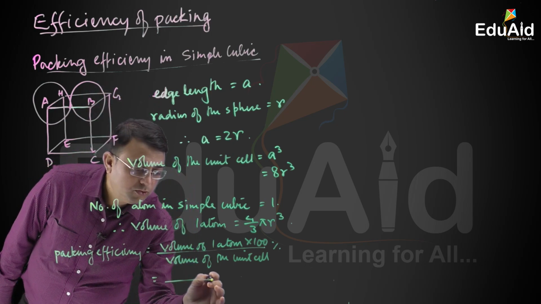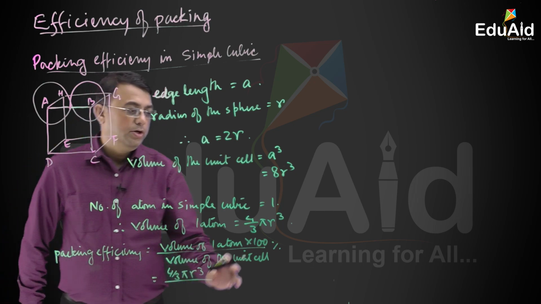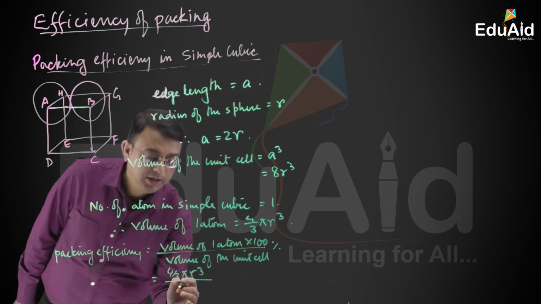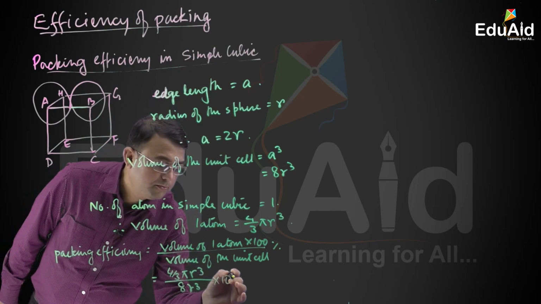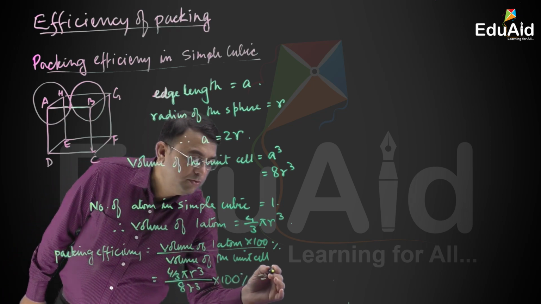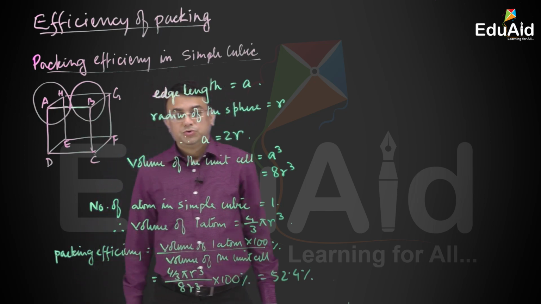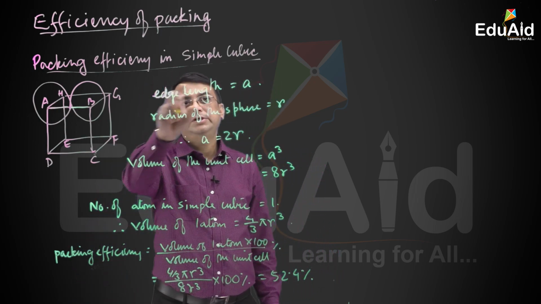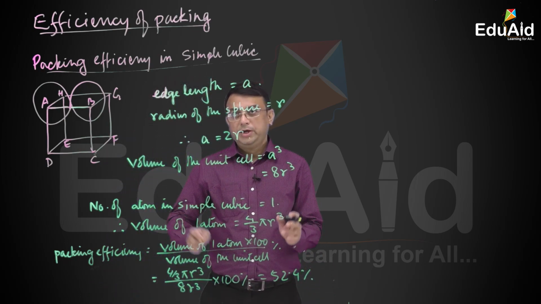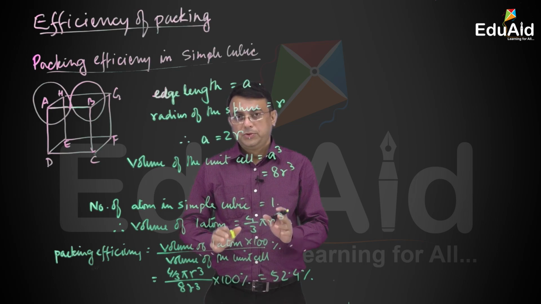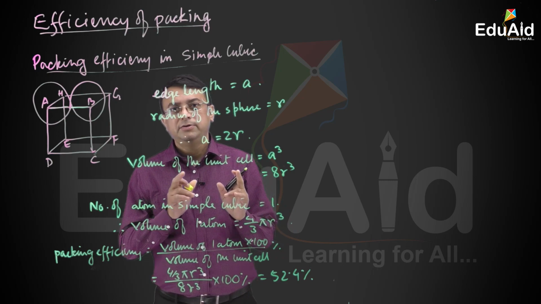It is 4 by 3 pi r cube. And what is the volume of the unit cell? It is 8 r cube, into 100, which will give you 52.4%. So what we have seen is that packing efficiency in simple cubic is 52.4%.